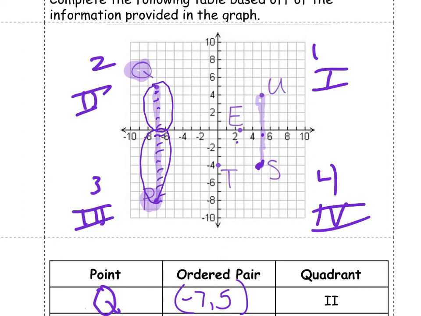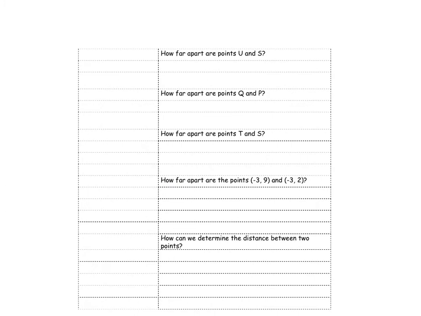So we're looking at kind of similar to a number line, except instead of how far away it is from 0, we're looking at how far away it is from the axes. Same with this one. So like I said, today we are going to be talking about distance on the coordinate plane. So how far apart are points U and S, and then Q and P?